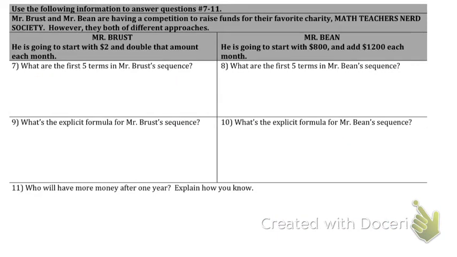Let's do a couple of word problems. Let's start with number 7. Instead of giving you a sequence, they're giving you a scenario here. He's going to start with $2 and double that amount each month. Let's show some work. We start with $2.